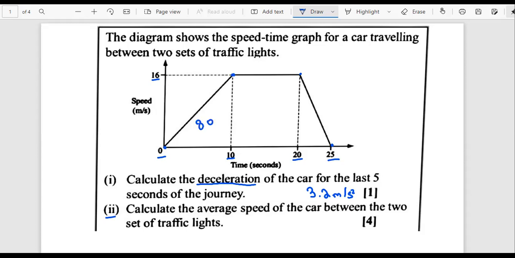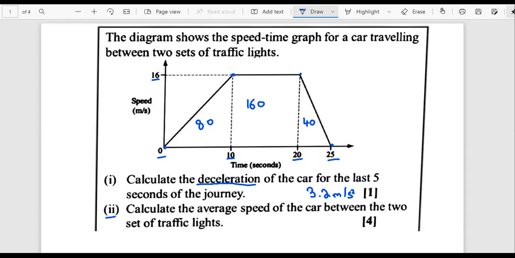You do 10 times 16, which equals 160. And then you do 5 times 16 divided by 2, which equals 40, which gives you 280 meters per second. Is that right?